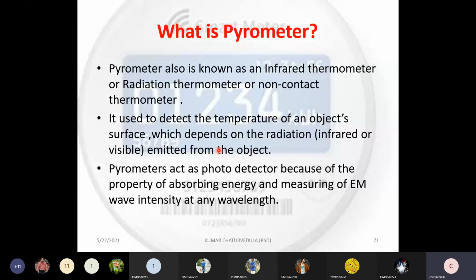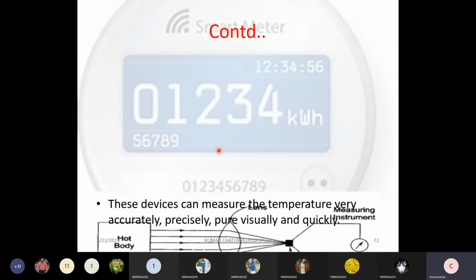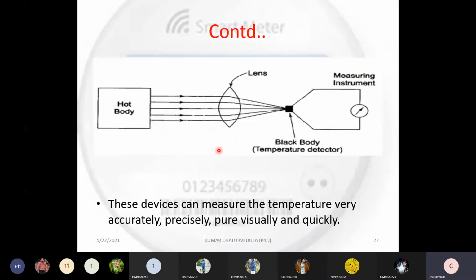So what does the photo detector do? It has the property of absorbing energy and measuring the electromagnetic wave intensity at any wavelength. By using that, the pyrometer measures the temperature. This is the equivalent image that we can see.